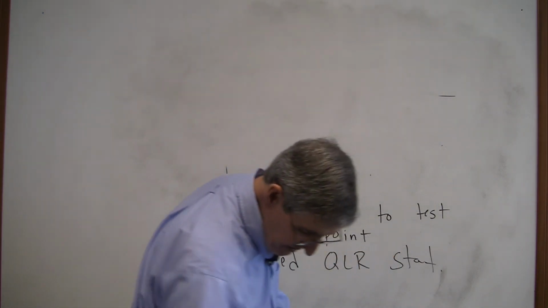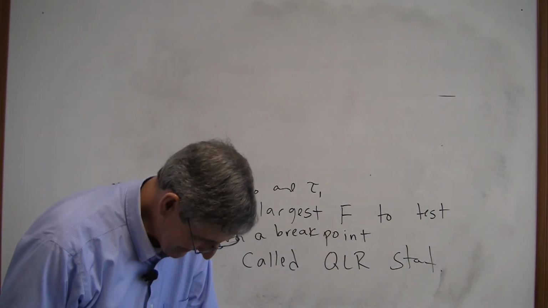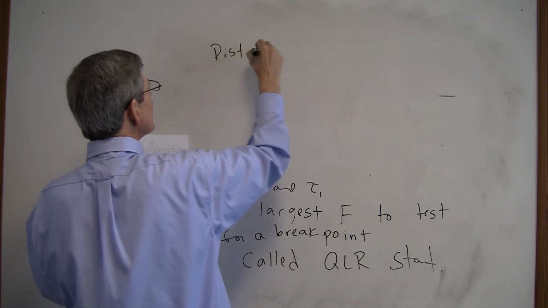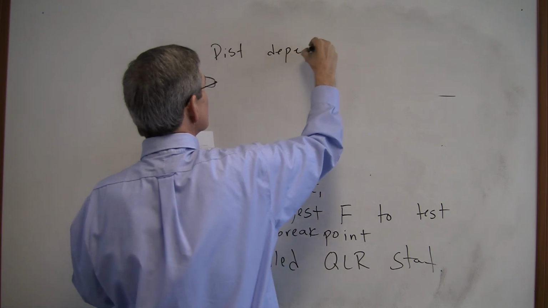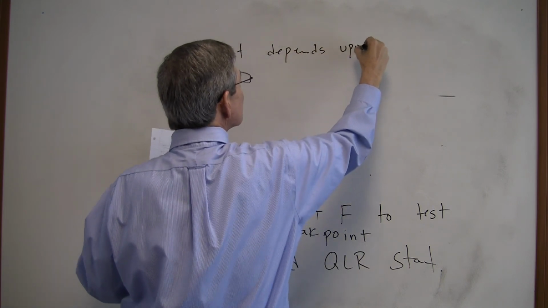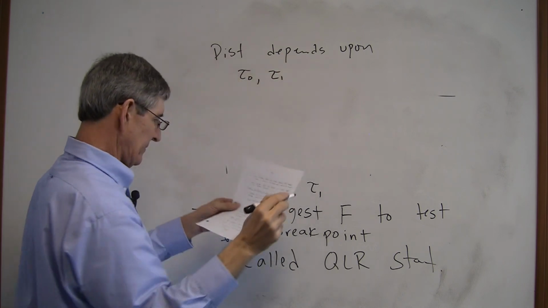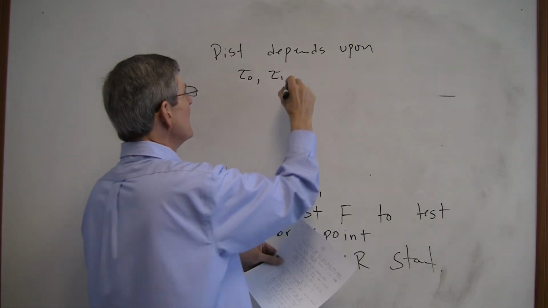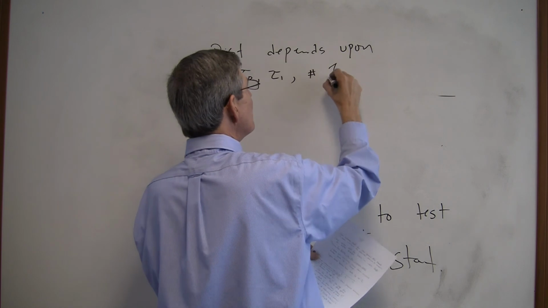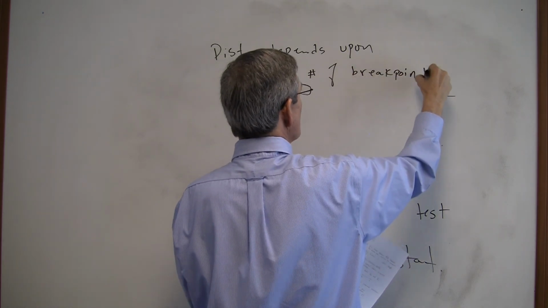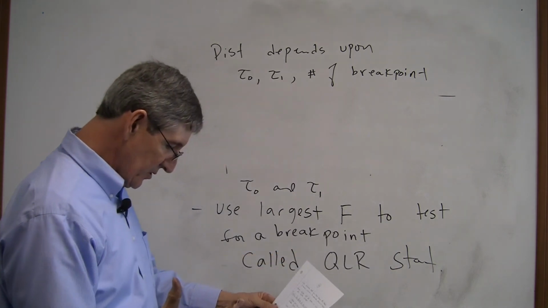The distribution of that statistic depends upon where you set those endpoints and the number of breakpoints. There may be more than one breakpoint in the data, but usually we're going to assume just one.